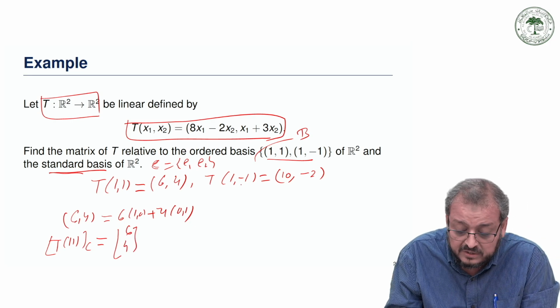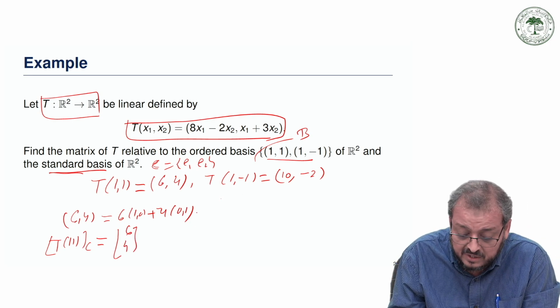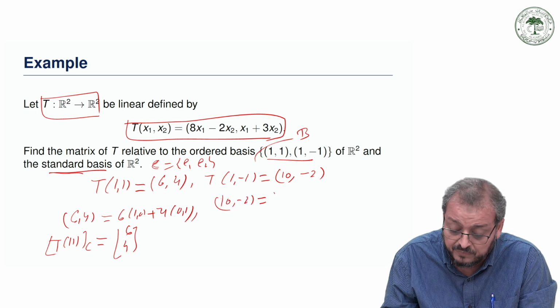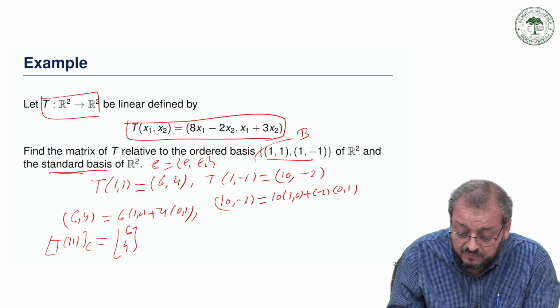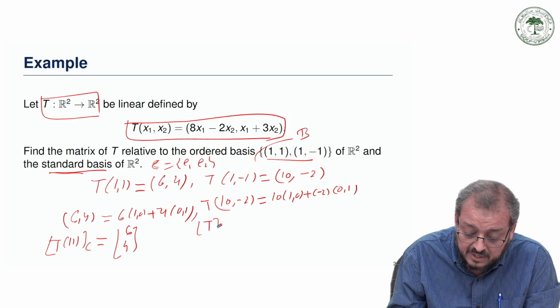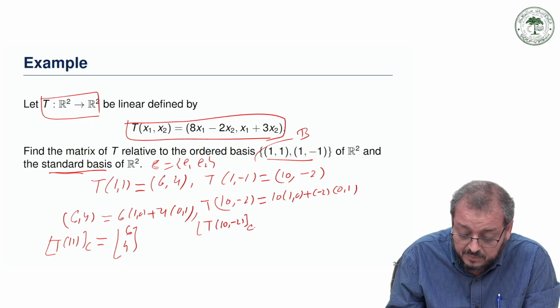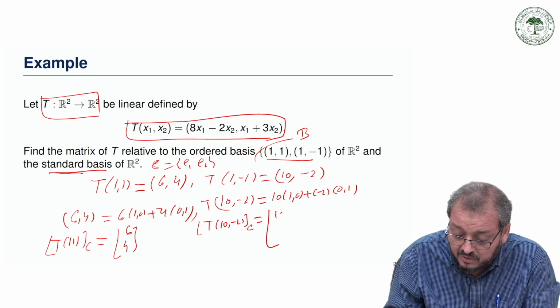Accordingly, we can write (10, minus 2) in the form 10 times (1, 0) plus minus 2 times (0, 1). Then T of (1, minus 1) related to the basis C is the column vector 10 and minus 2.